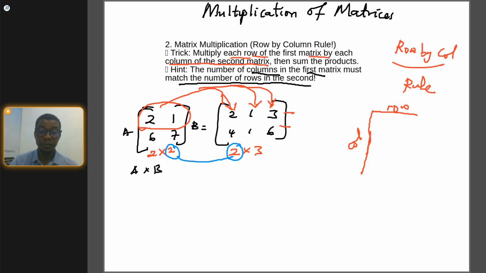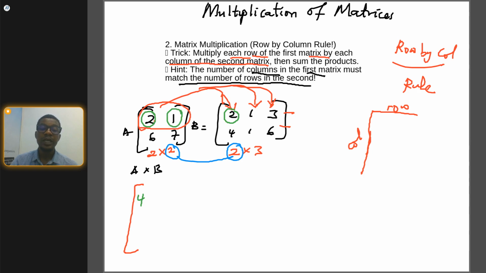So we're going to have A multiplied by B, given as this matrix: 2 times 2, that is 4.